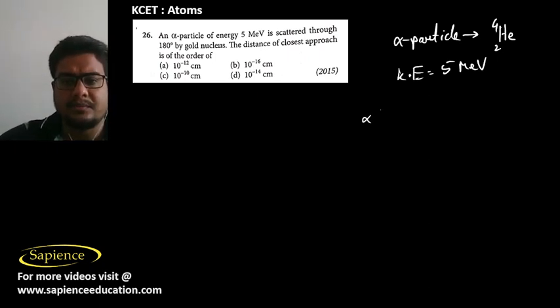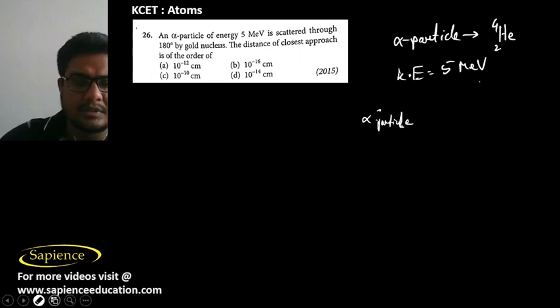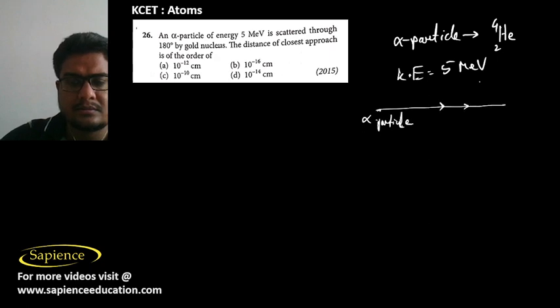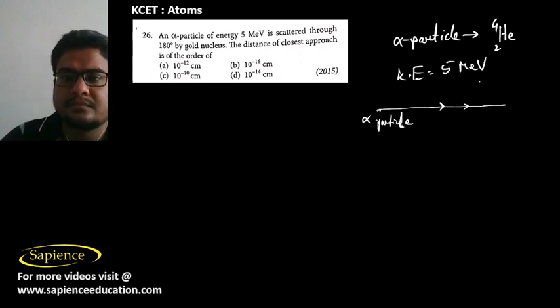And the alpha particle is scattered through 180 degree by the gold nucleus, which means that the angle of scattering is 180 degree.